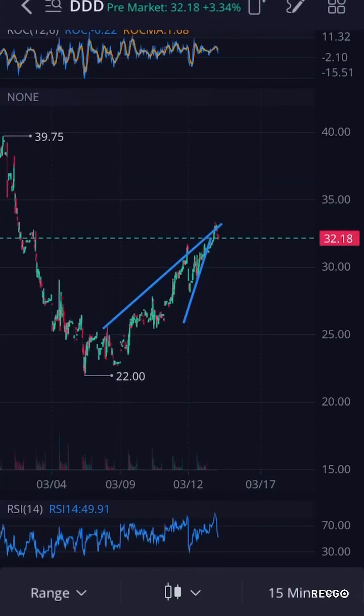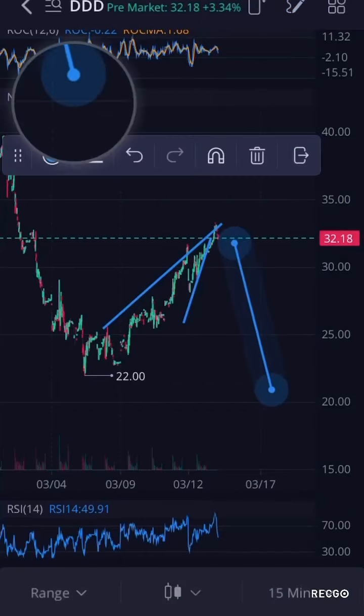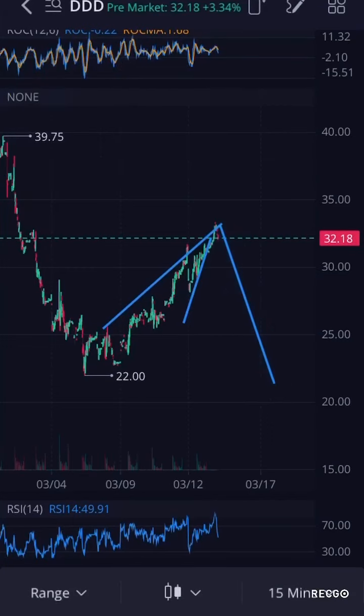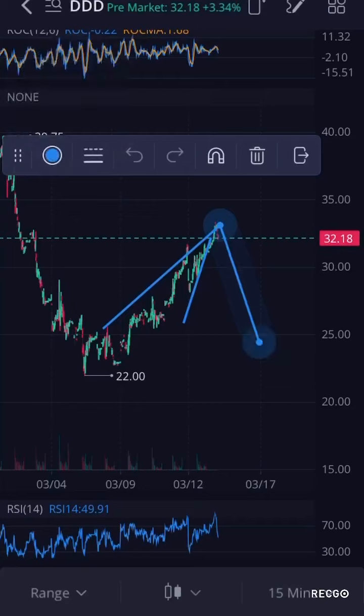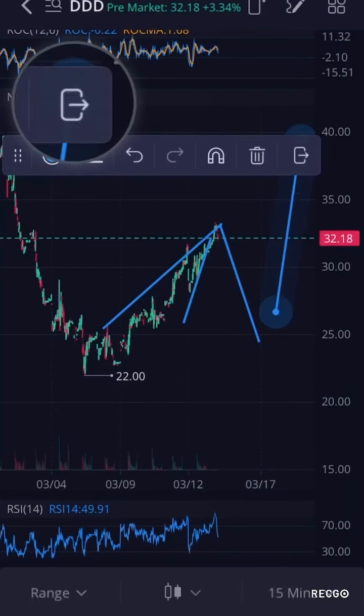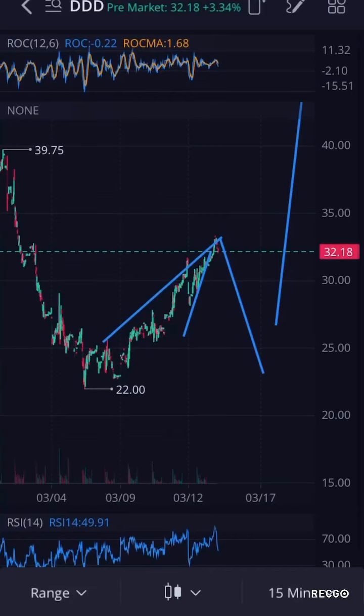So I would suggest this to fall down to, let's draw another trend line here, 22 again. And from there, after reconfirmation, we might get back to the 40 level, but that would be most likely to happen. The other possibility is that it's going straight up like this.